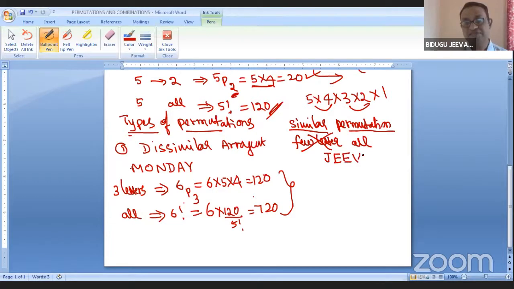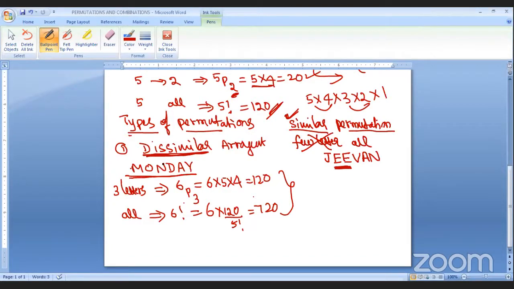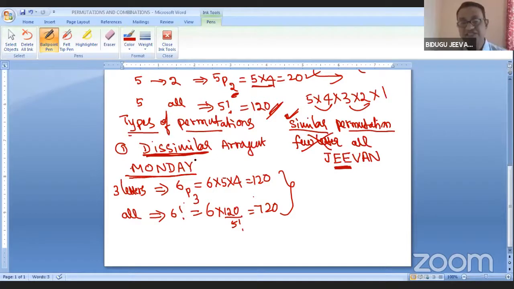Taking all the letters of the word Jeevan, how to do this? First of all, how to identify similar? Here, we find 2 letters are repeated. Here, no letter is repeated. That's why this comes under dissimilar. Are you following my point? Yes, sir. See, it's easy to identify similar and dissimilar.